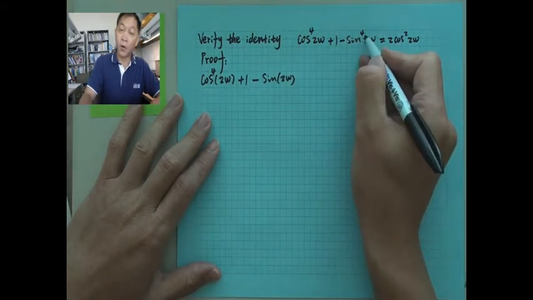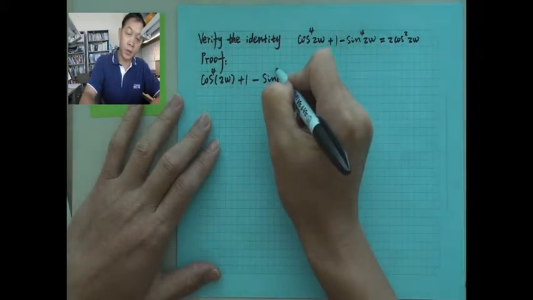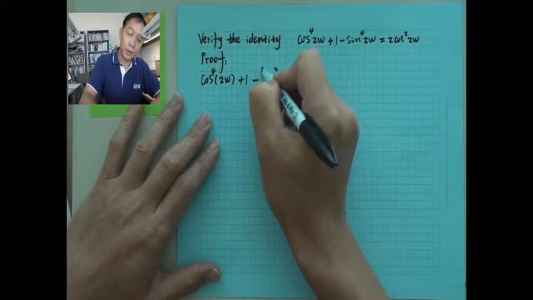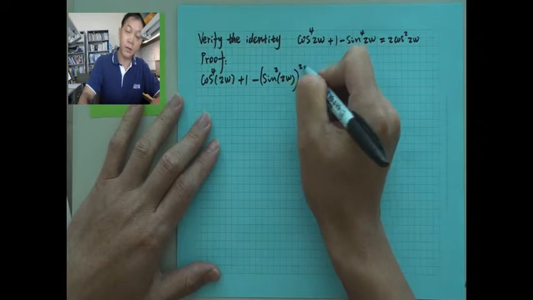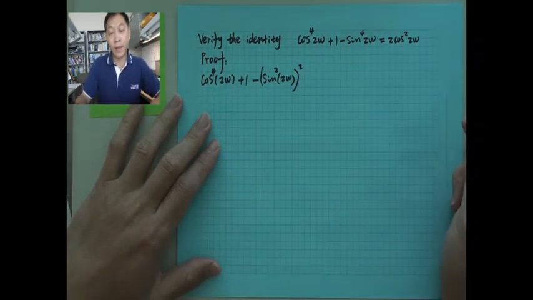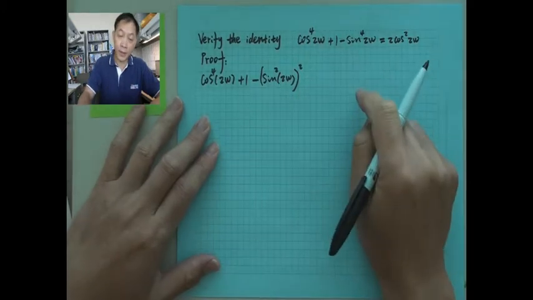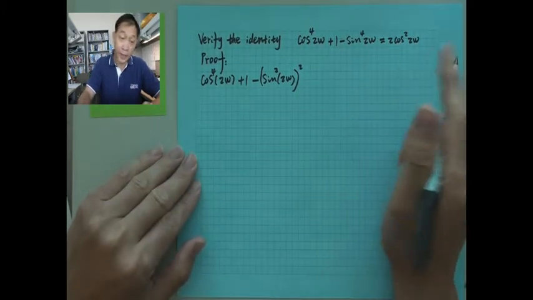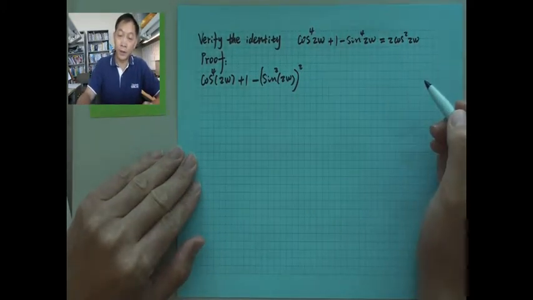Let's write this fourth as squared, this one, and then squared. So 2 times 2 is 4. Okay, left hand side you can do like that.